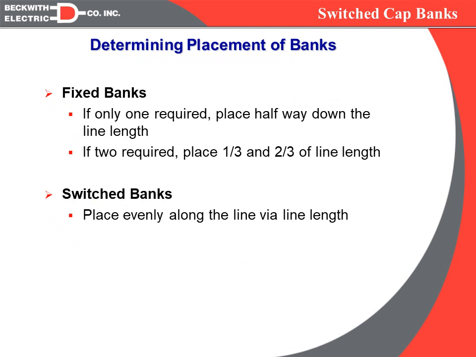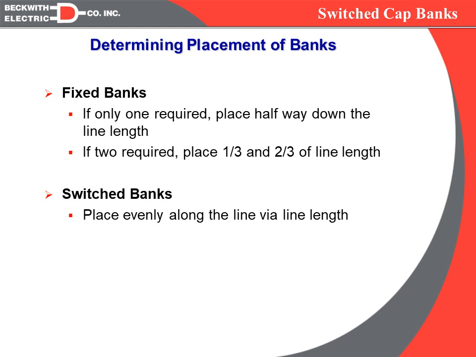Once we know that, with a fixed bank, the placement would typically be halfway down the line length. And if we're going to require two fixed banks, then it would be 1/3 and 2/3.